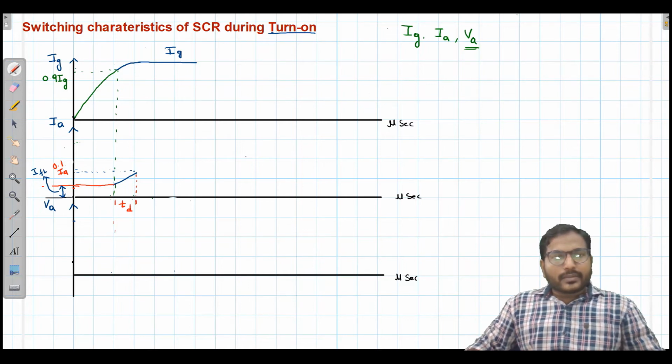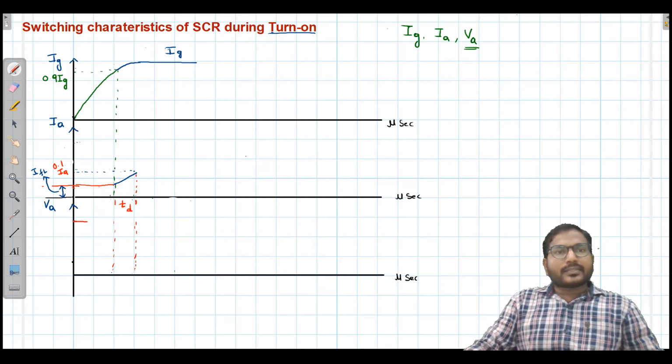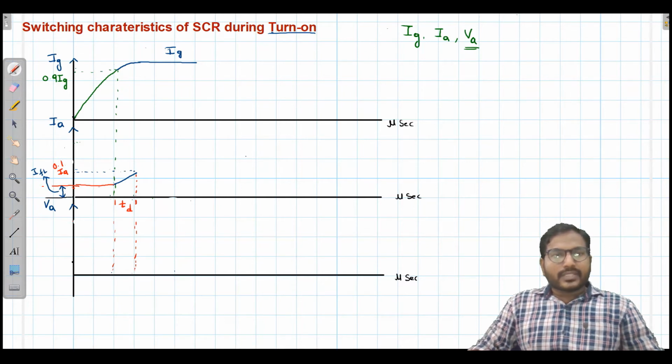So here, coming to the voltage across SCR before conduction, before SCR conduction, SCR acts as an open switch.